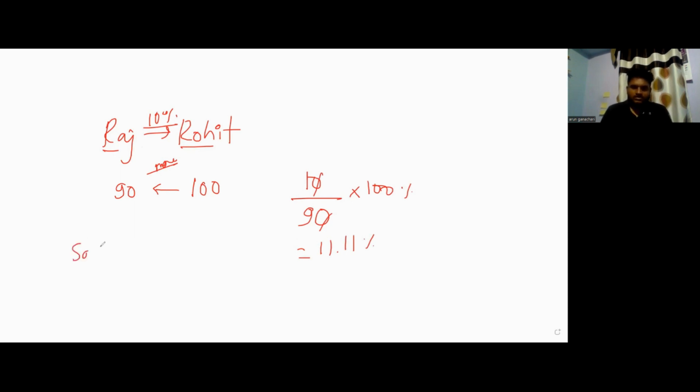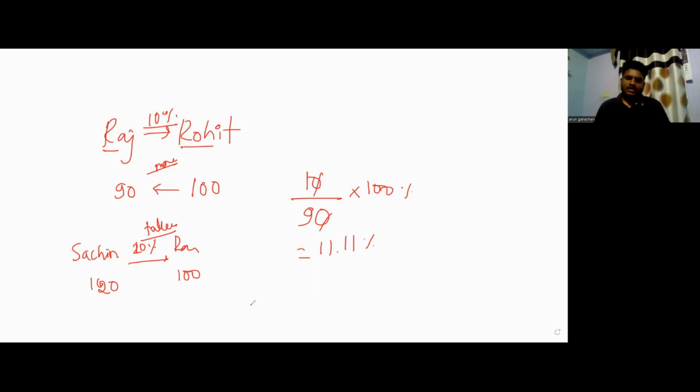Similarly with your Sachin example. Sachin was what? 20% taller than Ramesh. Yes or no? So if Ramesh was 100, Sachin was what? 120. Getting this? If Ramesh was 100, Sachin was 120. What was the question? They were asking, how much shorter is Ramesh with respect to Sachin?